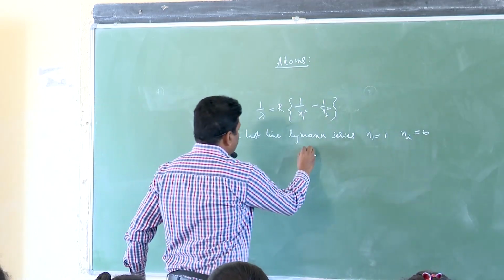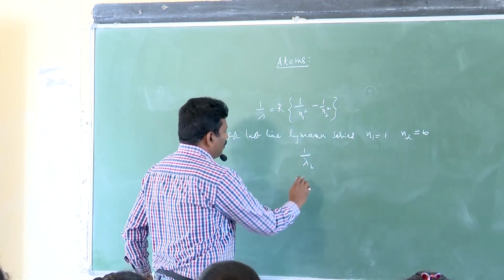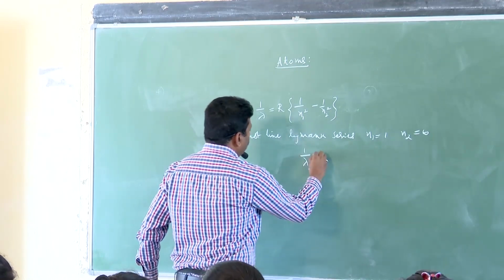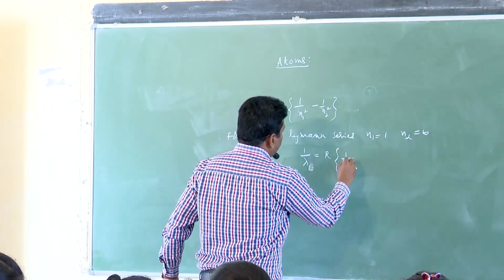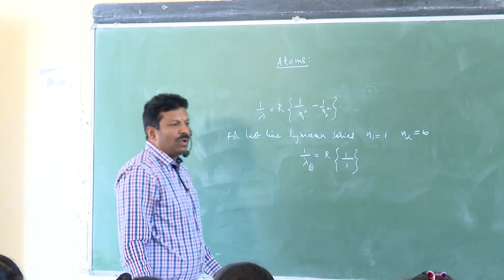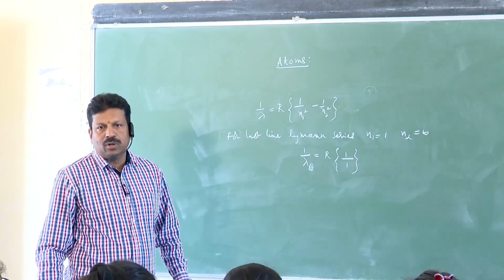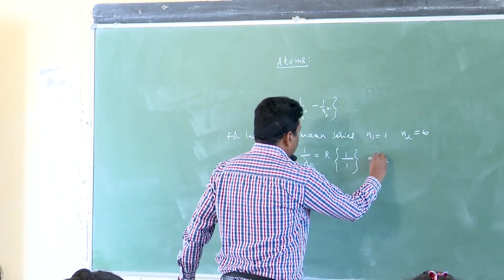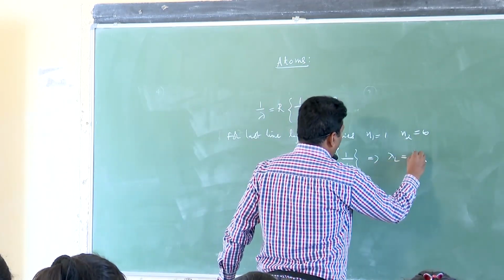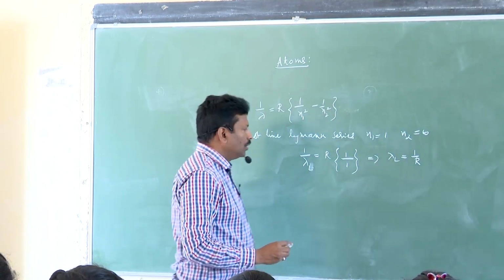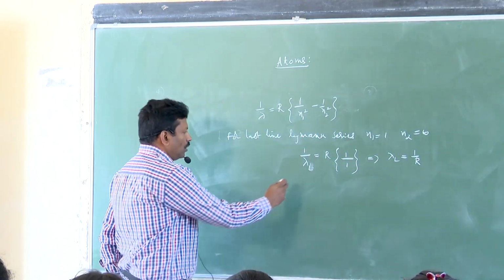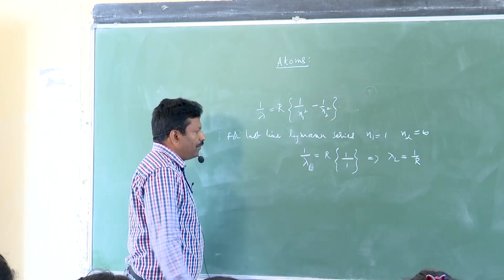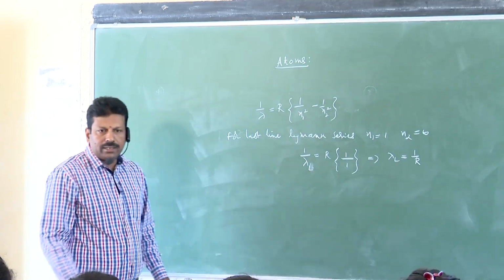So 1 by lambda L, I call it lambda L, is R into 1 by 1 squared. 1 by n2 square is 1 by infinity; anything by infinity is 0. Therefore we get lambda L is equal to 1 by R. Correct now?